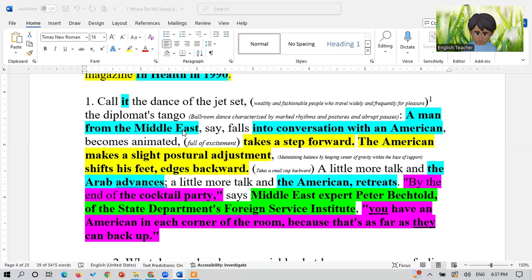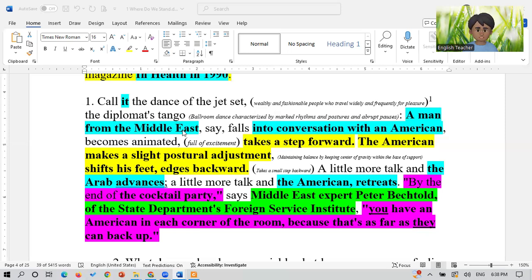So what do you see here? This is a characteristic of academic writing, that writers in academic writing say something and then bring the evidence or proof from other sources to back up what they are saying.